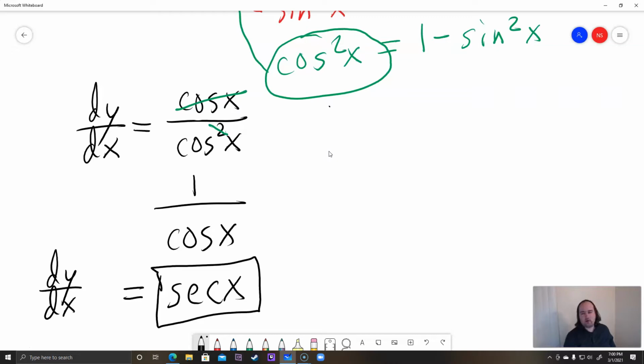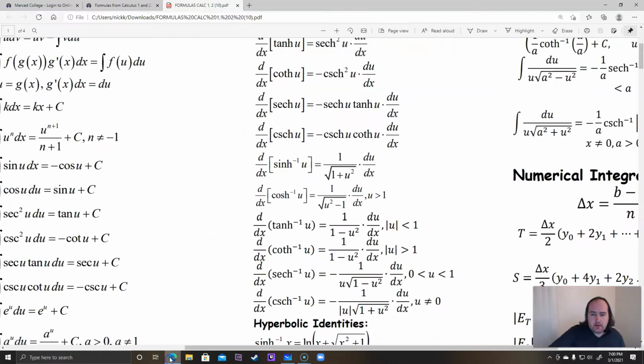And then the one on your homework is very similar to the one that we just did, but I believe it's going to have Cinch inverse or Cosh inverse, depending on which one you're doing. So for example, if you end up having a Cinch inverse and you're taking the derivative of a Cinch inverse, derivative of Cinch inverse is 1 over the square root of 1 plus u squared times du dx.